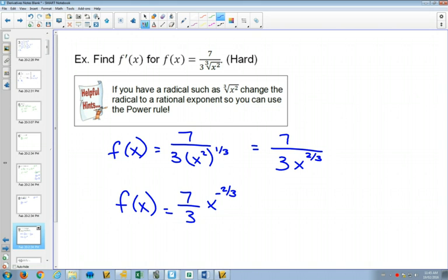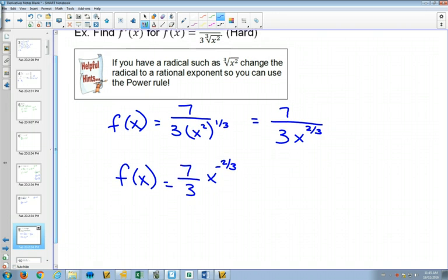Okay? And now that we've taken the time to rearrange it, now we can bring the negative 2/3 out in front. Our derivative, 2/3 times 7/3, negative 14/9. And again, you're going to get good at subtracting 1.